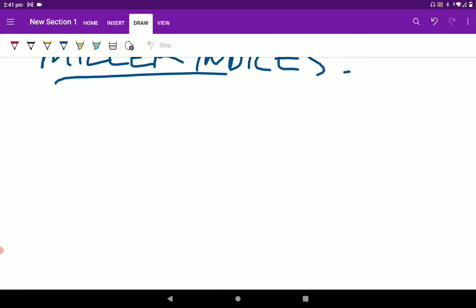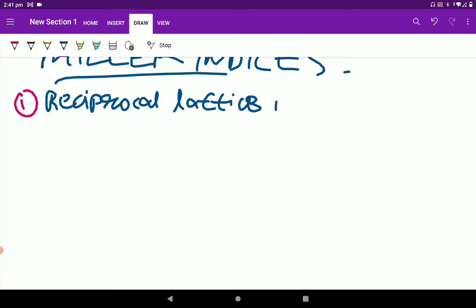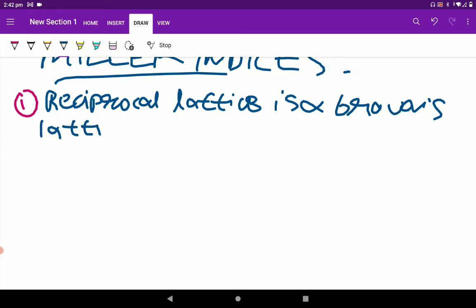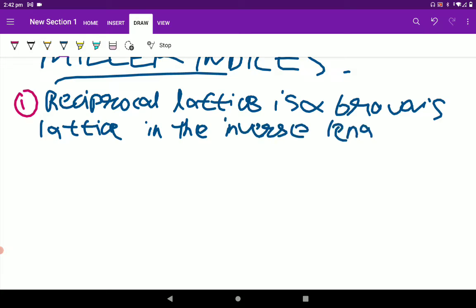Now let's jump to the properties of the reciprocal lattice. The first property is that the reciprocal lattice is a Bravais lattice in the inverse length space, which is called reciprocal space.